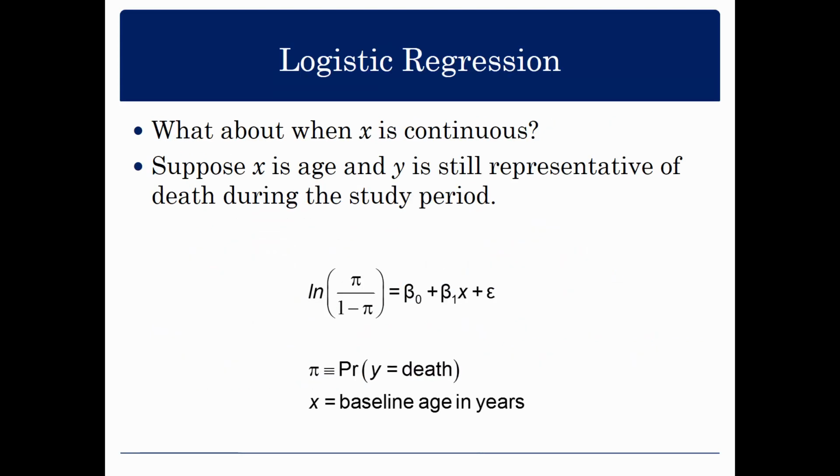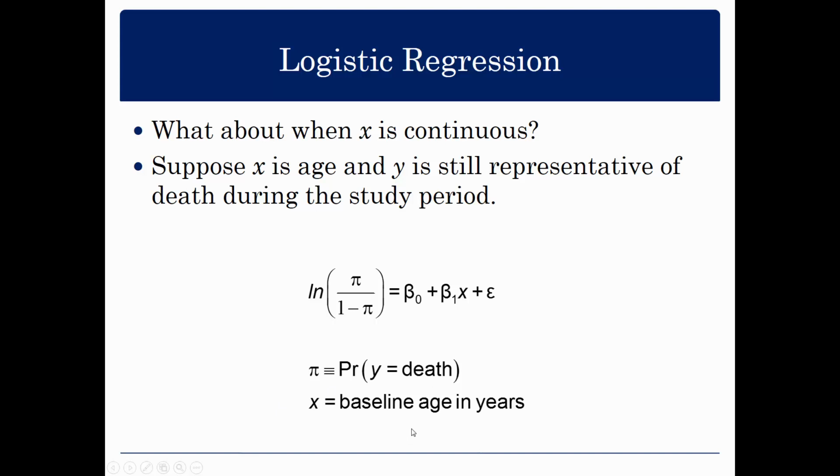Now, that was easy when we were comparing two treatments, but sometimes we apply logistic regression when our predictor variable is not categorical. It's not a treatment versus a control. Maybe we're really interested in the relationship between a continuous predictor and the risk or the odds of death. And so the odds ratio there is a little bit different.